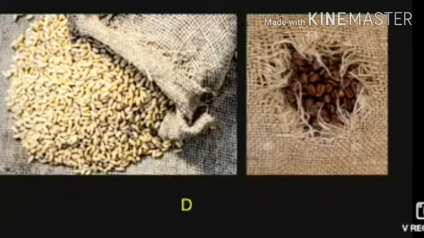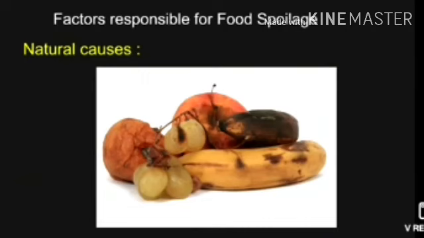So the first factor responsible for food spoilage is natural causes. It means the food gets spoiled naturally. As we keep the fruit or vegetable as it is for so many days, what will happen? The skin of the fruits or vegetables turns black in color and gives a bad smell also.